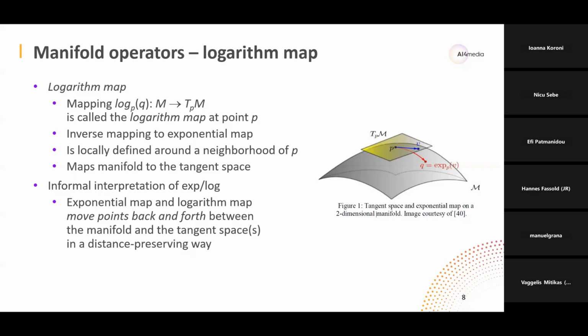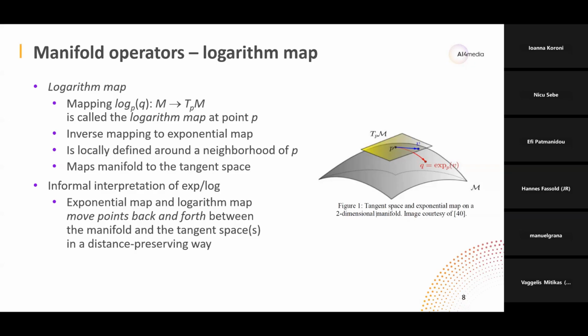So why are these operators so useful? So informally, you can say this exponential map and the logarithm map, these operators are able to move points back and forth between the manifold and the tangent space locally, and they are doing this in a distance preserving way.